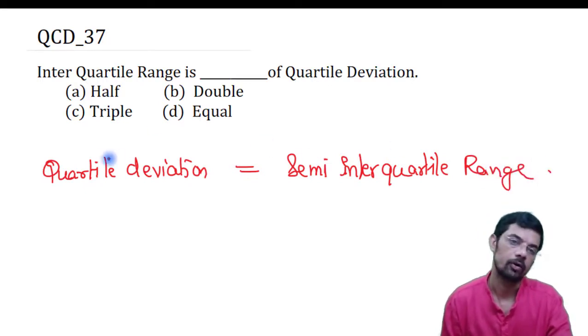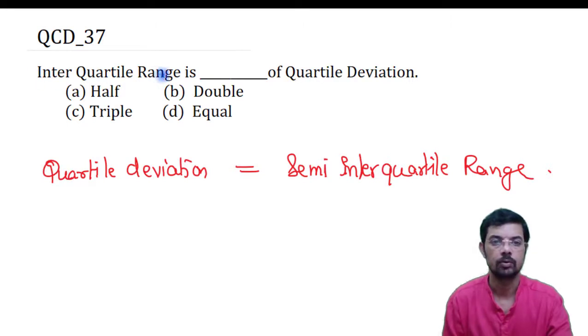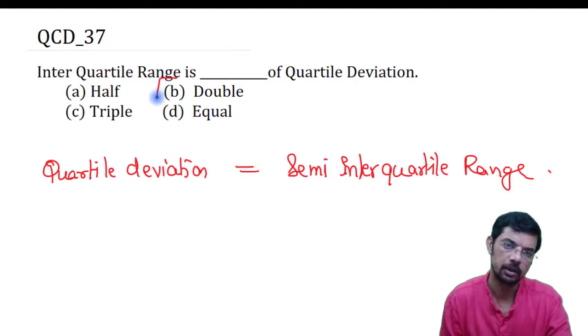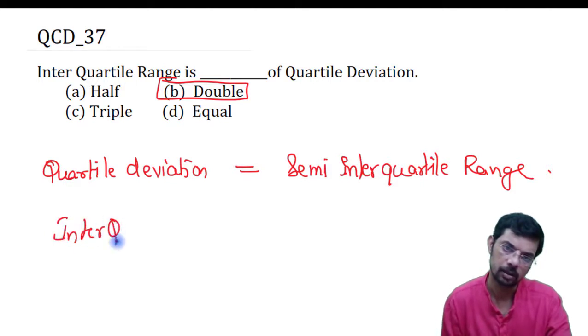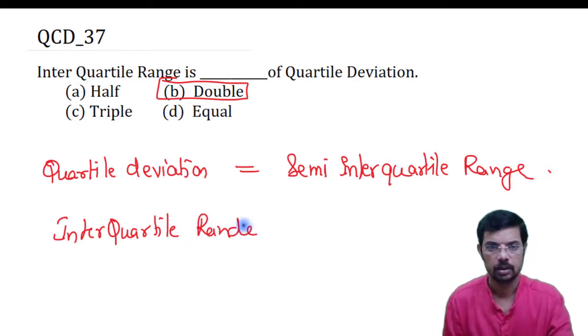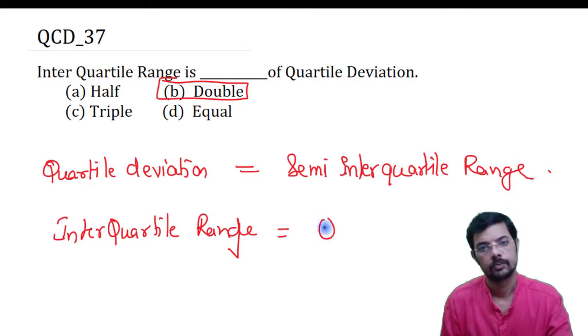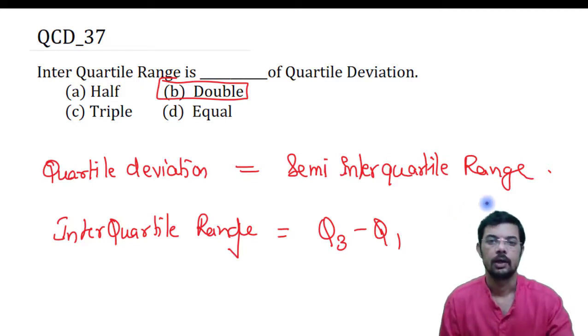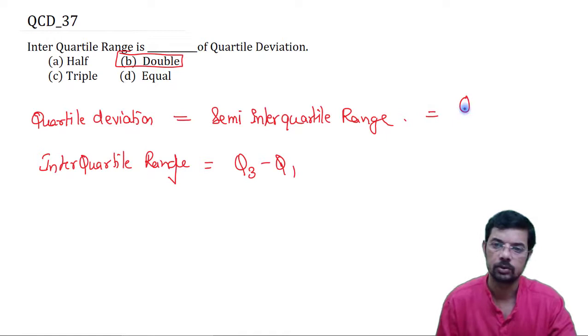Therefore, interquartile range will be double of quartile deviation. Interquartile range is equal to Q3 minus Q1. And semi-interquartile range is equal to Q3 minus Q1 divided by 2.